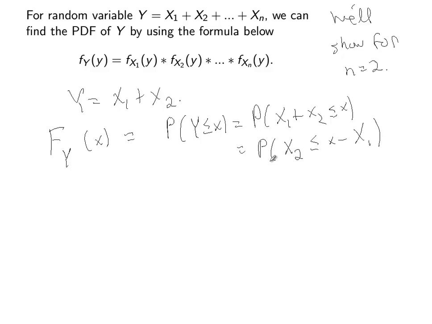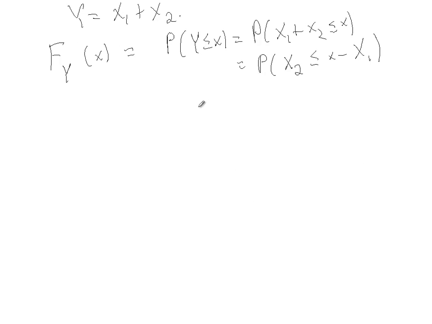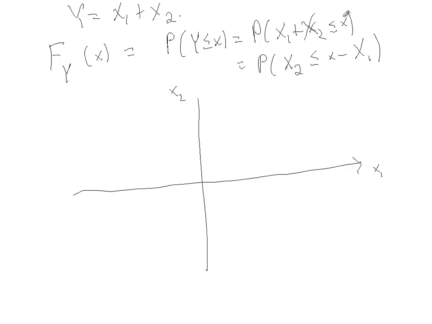Now I can think of this in terms of a region in space. So I have my region, and here's X1 and X2. Now here I'm saying X1 plus X2 is less than or equal to x, these are big X's by the way. Let's say that x is this value here.